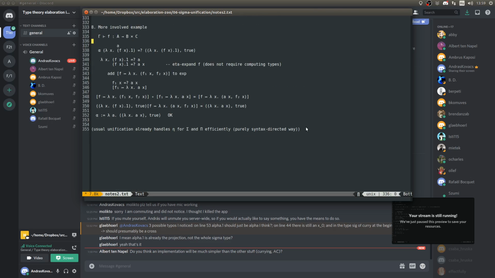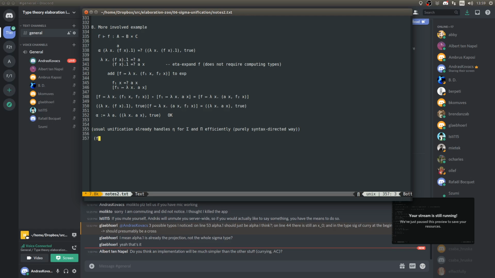So do you think an implementation will be much simpler than the other stuff? Yes, of course. Yes, much simpler. Maybe conceptually not simpler, because in the other solution we just say, oh, we just have this isomorphism, then just use all of them. But then the flipping does not work because the flipping is not a directed isomorphism.